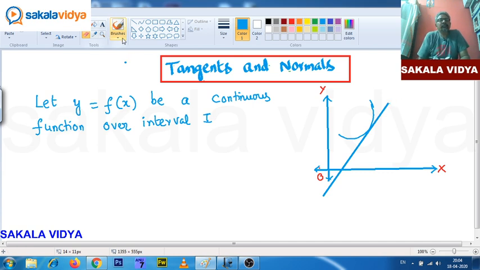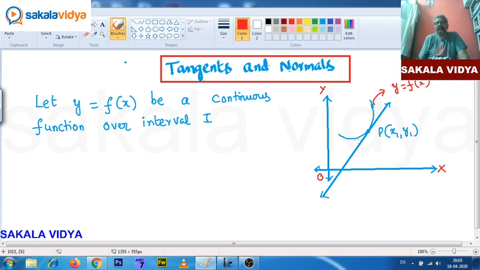Now this is a tangent line. Say this point is P, and let us say the coordinates of the point be P(x1, y1). This curve is y is equal to f of x.